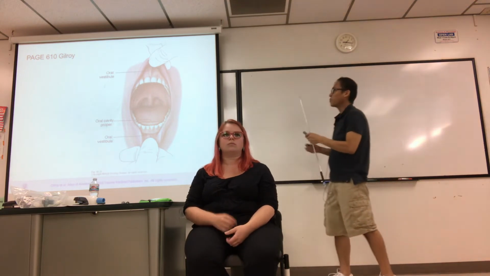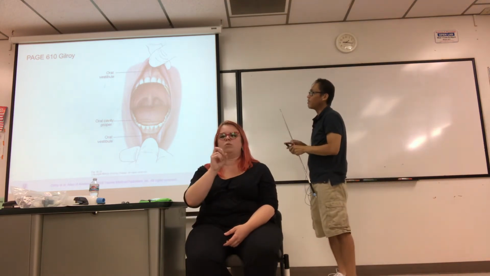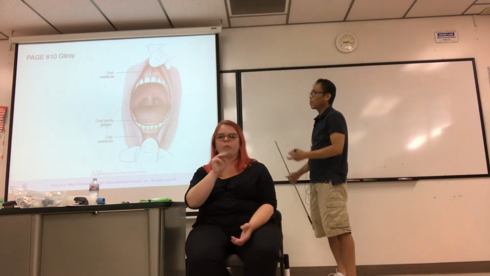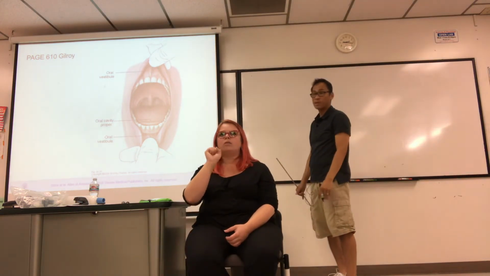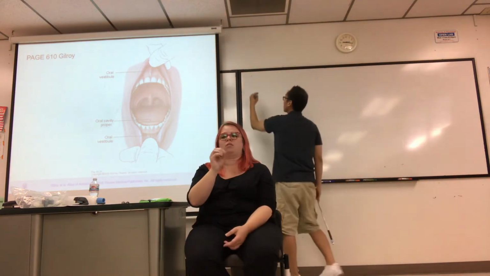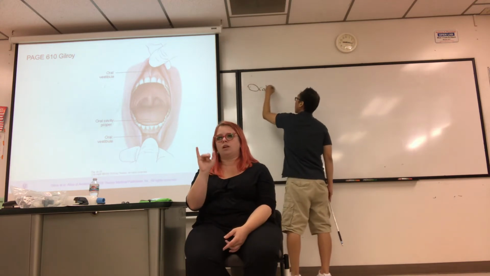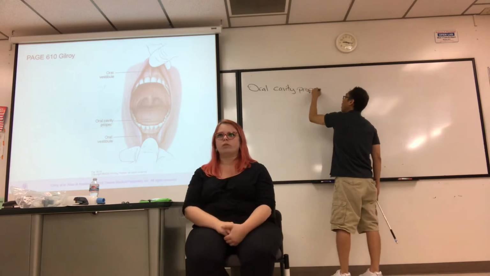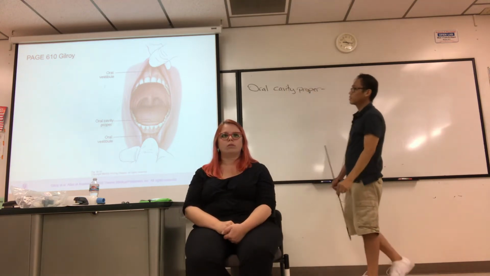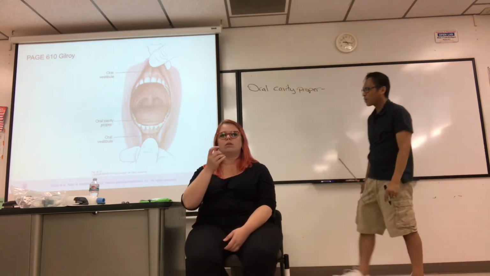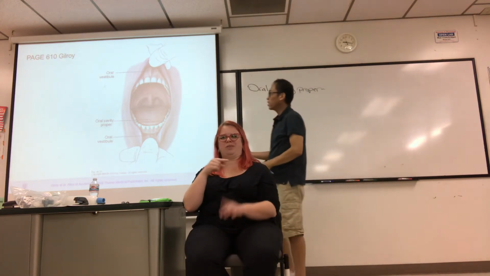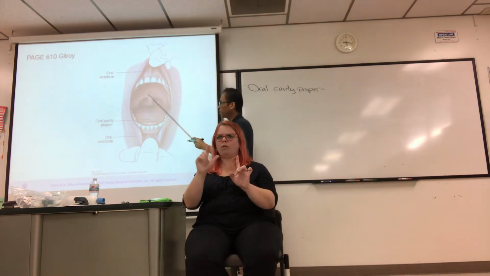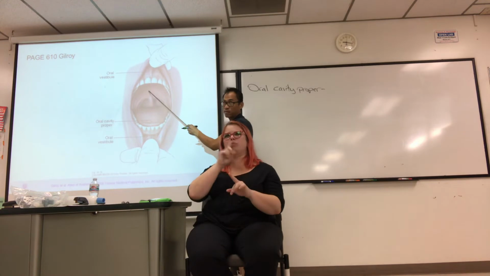Oral cavity, or your mouth, as it's commonly known, you can divide into what we call your mouth, your oral cavity proper. Now, I don't like where they indicate the oral cavity. It's pretty much the space between the tongue and palate, okay?